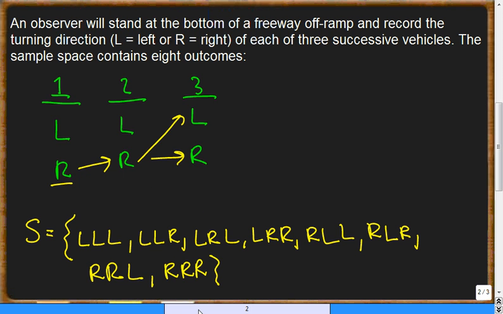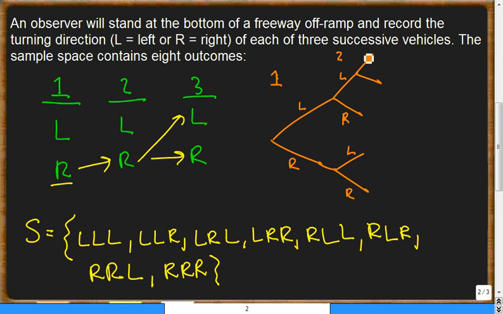Okay, so you could make a probability tree from this, and it would look something like this. We've got our first car, and we can go left or right. From each of those, we could go left or right, and this is our second car. Then from each of those, we could go left or right again.